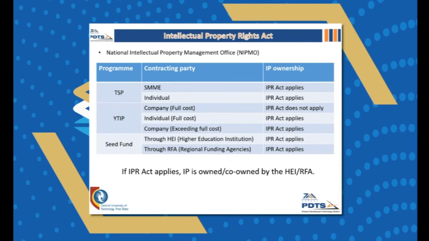So, for instance, a PDTS has a certain amount of money it should spend to subsidize projects of clients. And these clients can be, as I mentioned, SMMEs or individuals. Now, how does this work? The technology station would identify certain projects which fall within their core competencies.